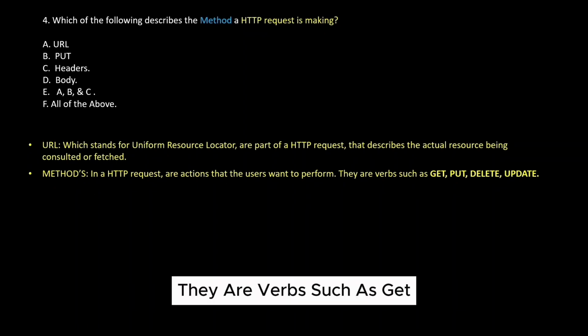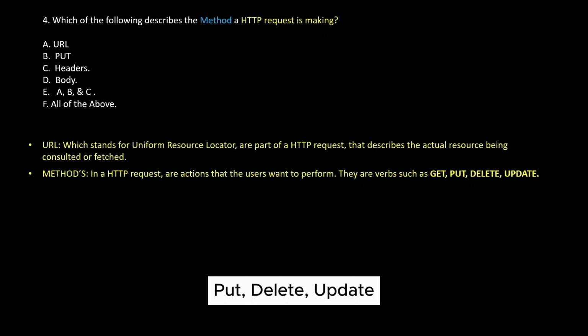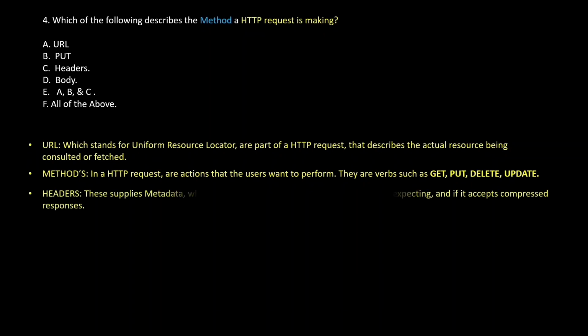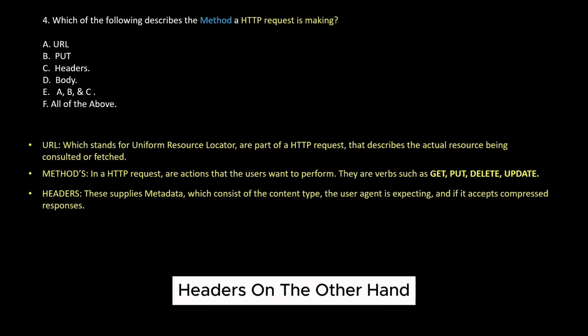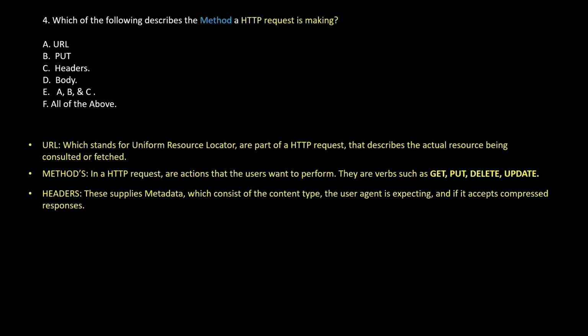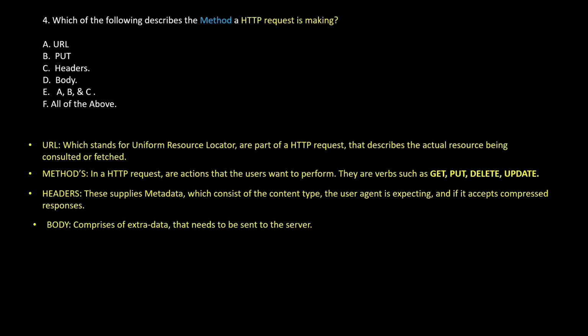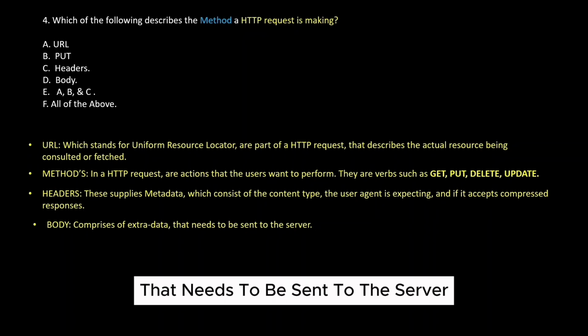They are verbs such as get, put, delete, update. Headers, on the other hand, supply the metadata, which consists of the content type the user agent is expecting, and if it accepts compressed responses. Body comprises extra data that needs to be sent to the server.